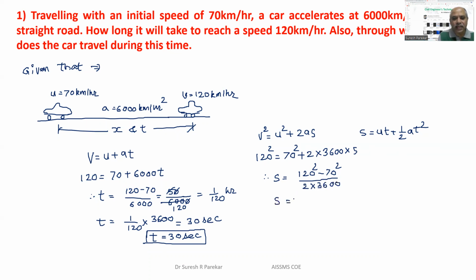And if you solve this, we will get 120 square minus 70 square divided by 12,000. In V square, this is not 3,600, we have 6,000, so this is 6,000.